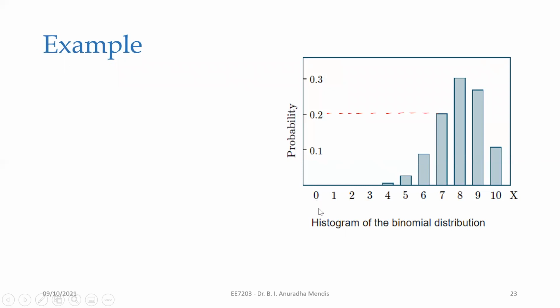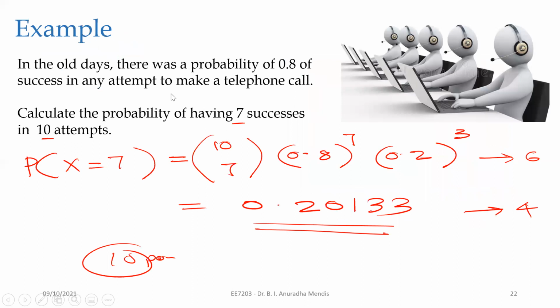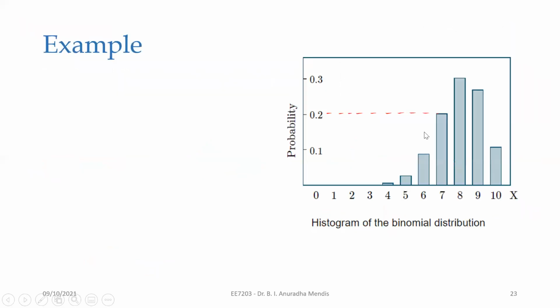Likewise, if you find the probability of having no successes, 1 success, and so on, then you draw this discrete random variable, you have this type of distribution. We call this the histogram of the binomial distribution. Why do we have this discrete version? Because the random variable is discrete. It can have 0, 1, 2, 3 up to 10.